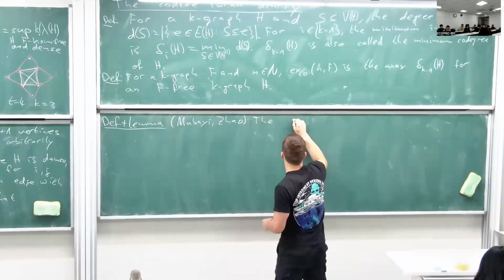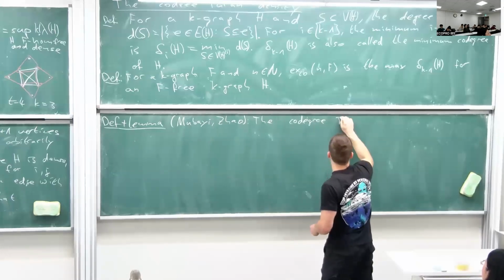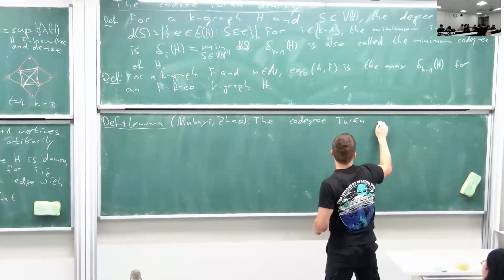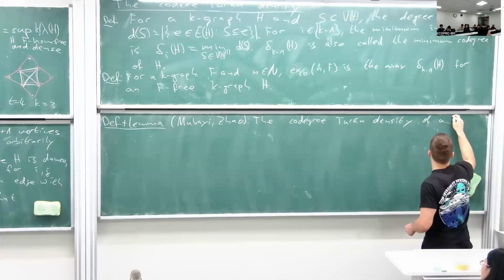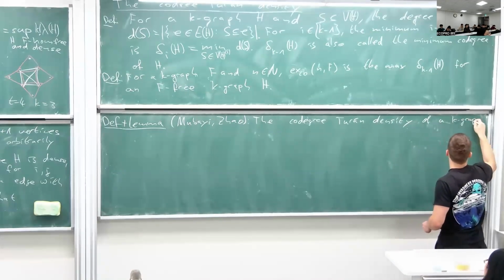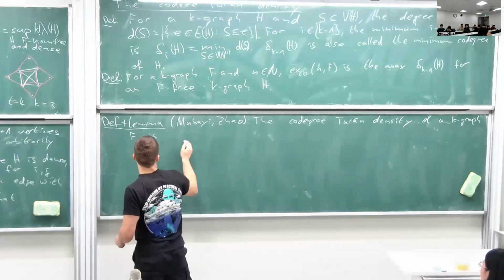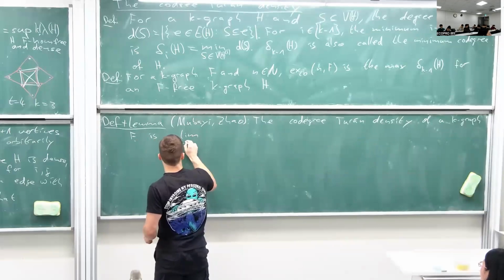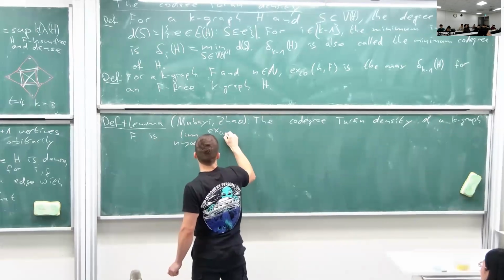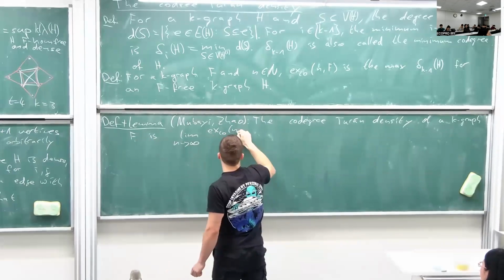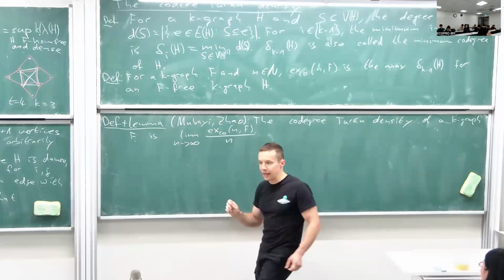So the codegree Turán density of the k-graph F is the limit as n goes to infinity of the extremal codegree number divided by n.